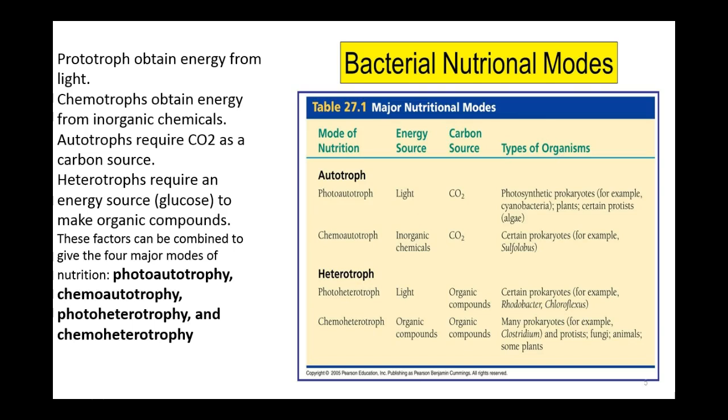So we call those R plasmids. So you have F plasmids for reproduction, R plasmids for resistance to antibiotics.